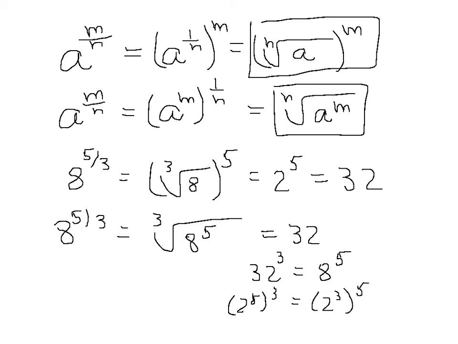So now we're seeing a lot of things start to come together. So here's another example, and this is maybe as tricky as it can get. Suppose we say 16 to the minus 5/3.